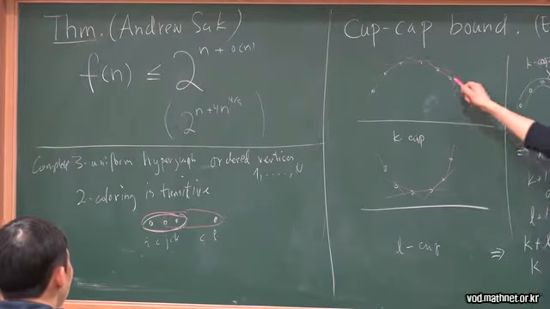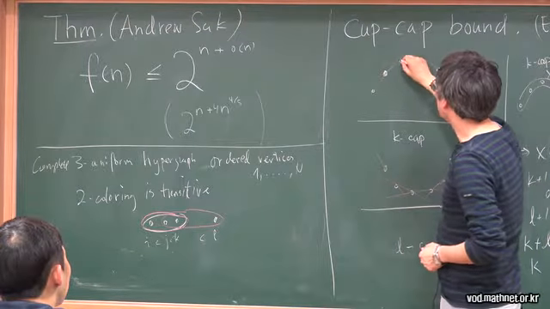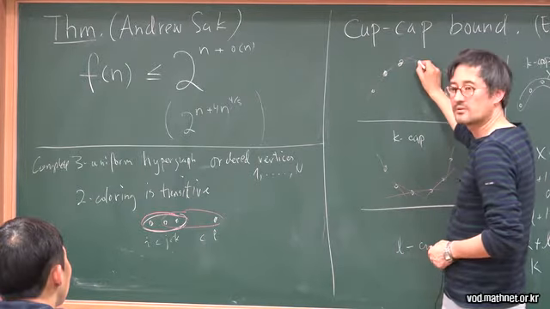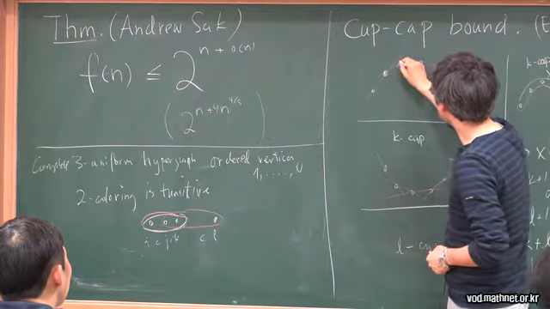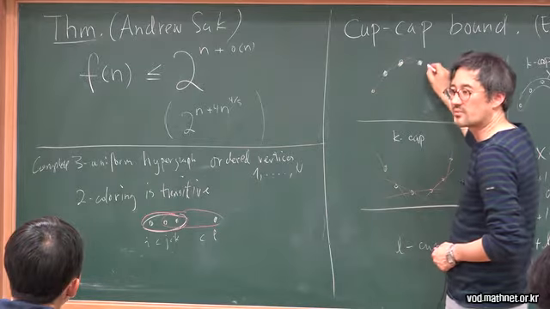So these cups and caps form precisely this. I'll color it red if these three form a cup. And if the next one, starting at this one here, is a cap, then the ones in between are also caps.